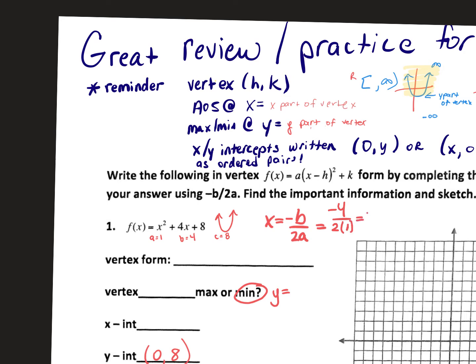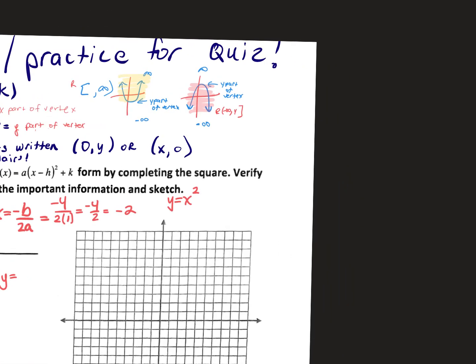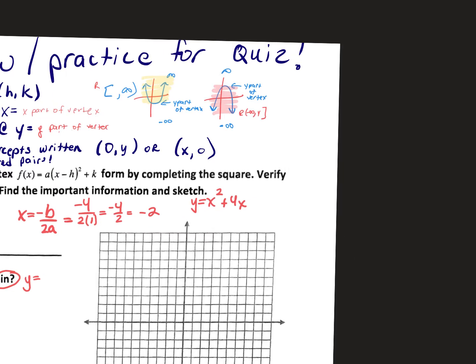So negative 4 over 2 equals negative 2. So the X part of my vertex is negative 2. Now what do I do with that X value to find the Y part of the vertex? You plug it back in. So the equation is y equals x squared plus 4x plus 8.